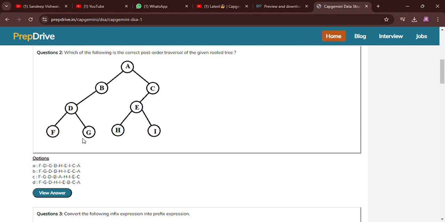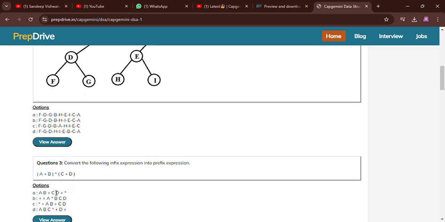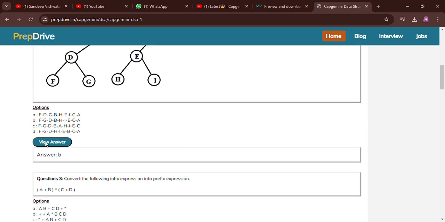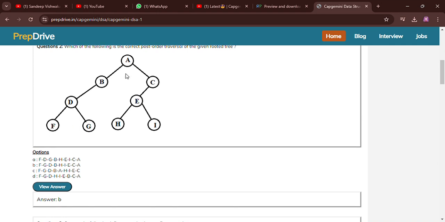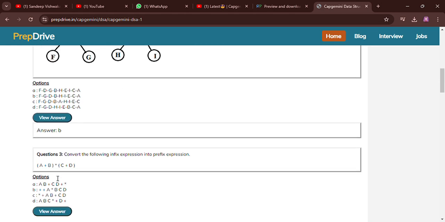G. So F, G, and then root D. So F G D, and then we go through left, right, root, and then B. So we can say C can be the answer, and then we can also check. F G D B, and then root. We don't have any left, so we go to the right. So the answer will be B.